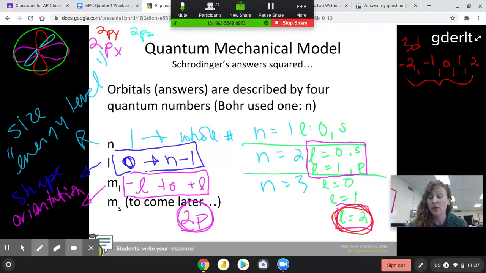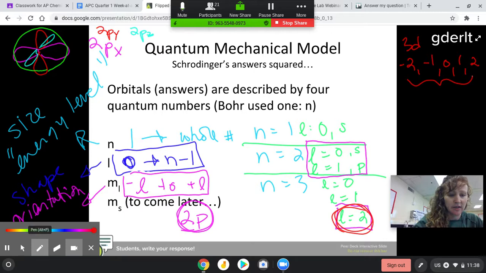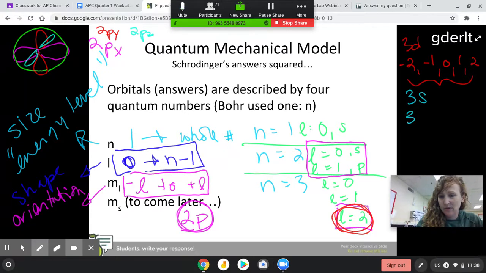What about the third energy level? How many electrons can the third energy level hold as a whole? I'll give you some hints here. So you're going to have the 3s. Ms. Martin, can you repeat the question? It was cutting out. Yep. How many electrons can the third energy level hold total? The third energy level.